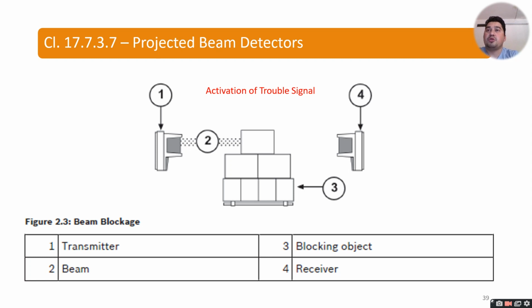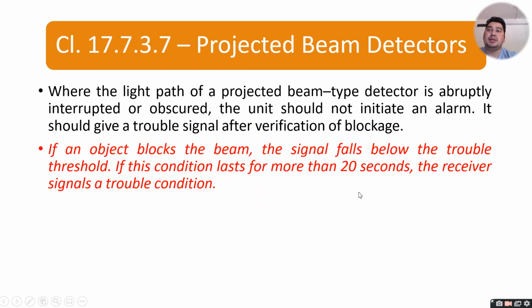Projected beam detectors, as we know, this is the transmitter, this is the beam. These are the blocking objects, and this is the receiver port. Now, where the light path of a projected beam type detector is abruptly interrupted or obscured, the unit should not initiate an alarm.